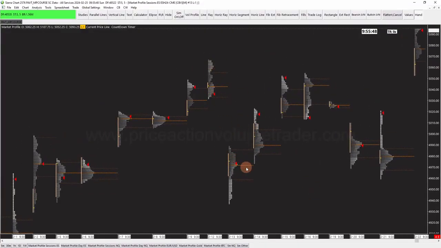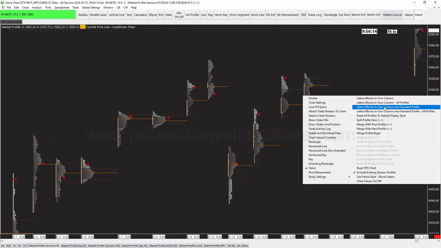And same thing here. Now you're going to have the gaps from here. You can see you had your close here, open the next day. So now you have this gap in between the profiles, and same thing. This one, for example, we had a pretty almost negligible gap. This one, we had a little gap between here and here. And so you can also split the profiles.